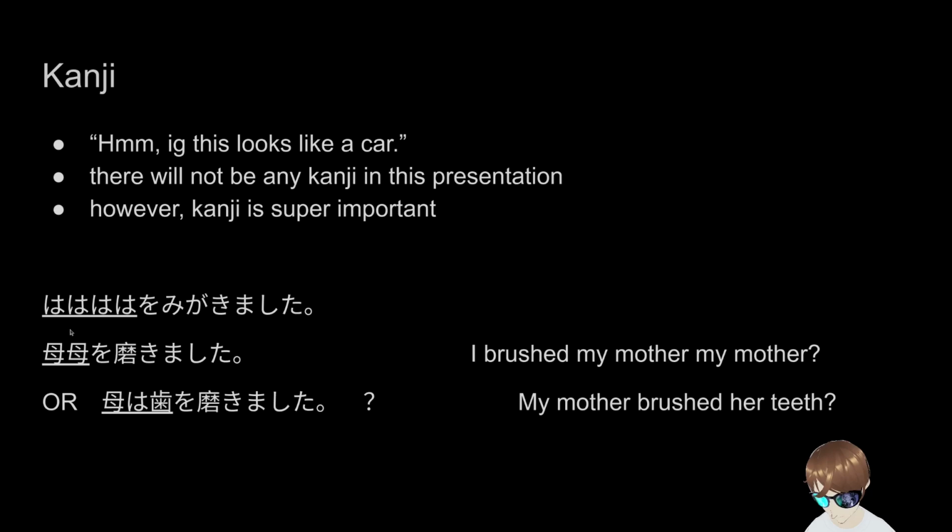We have a sentence like "haha wa ha migakimashita." Is this my mother, my mother? I brushed my mother, my mother. By the way, haha is mom, but for you. Do not say haha for someone else because that's disrespectful.